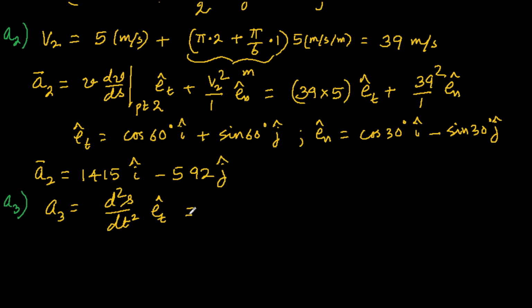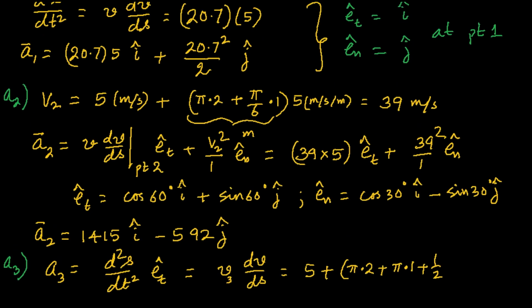Okay, so that is v at 3 times dv by ds. v3 is how much? So that you have to calculate as 5 times the total distance traveled. The distance traveled is pi times 2, the first semicircle, then again pi times 1, the second semicircle, and then half a meter distance, right?